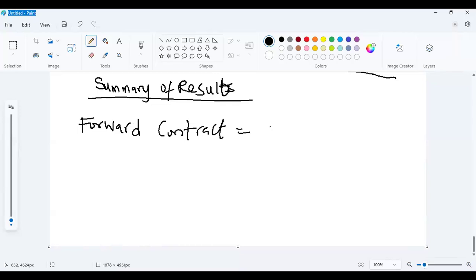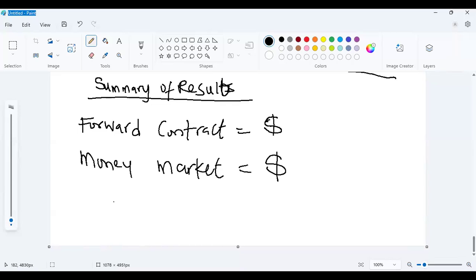How much is the dollar equivalent that we are going to get if you hedge here? We have money market. How much are we going to get in dollars? Remember, our company is based in US.